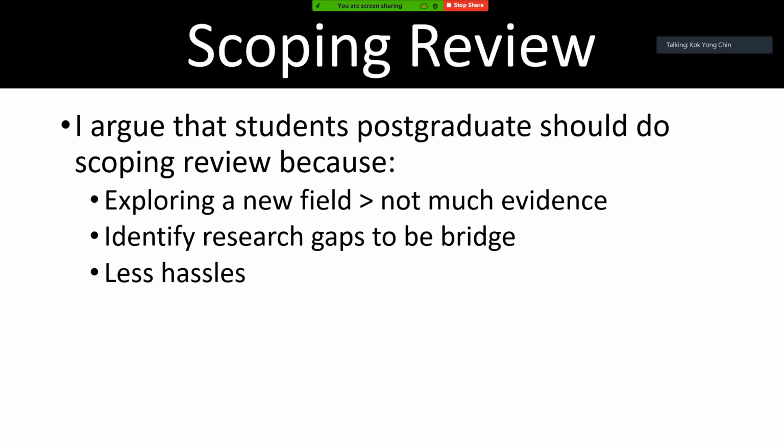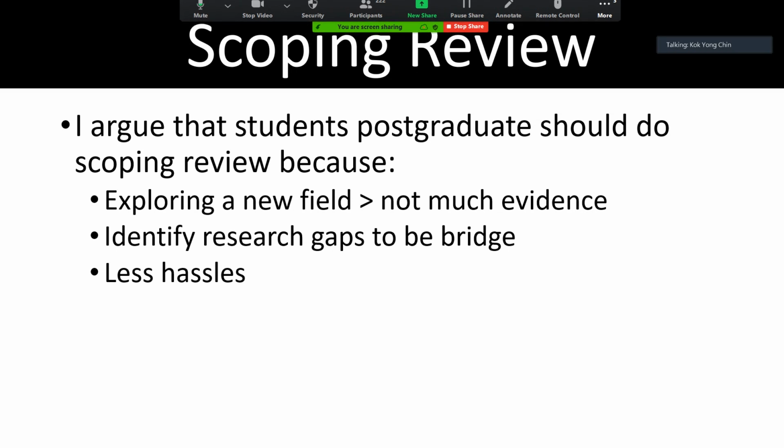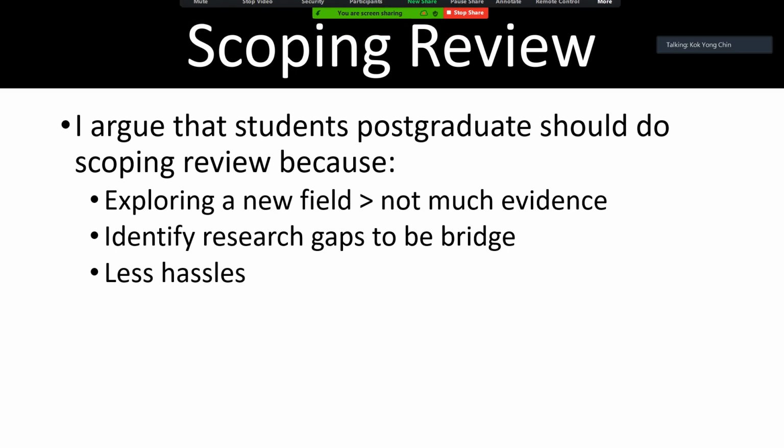So perhaps the next stage, rather than repeating the cell culture studies, is to go into a rat study or human studies. Because of the lack of quality assessments, it's less demanding in terms of time and manpower, so it's more suitable for students to do in a short time.